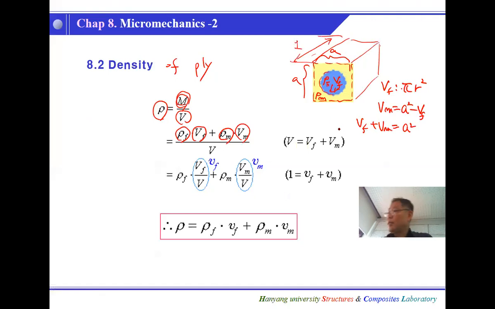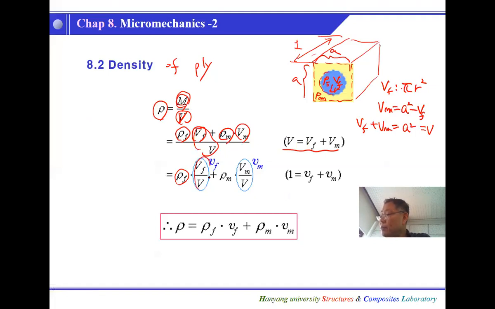So total Vf and Vm equal V. This is A times A. And from this, we have rho f times Vf divided by total volume. By the way, this is the total volume, which in this case is A squared.